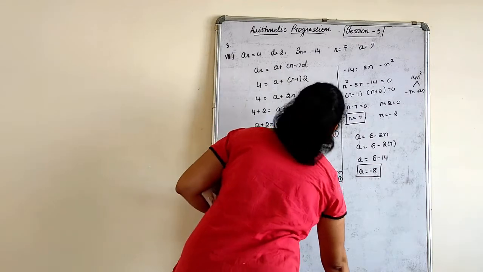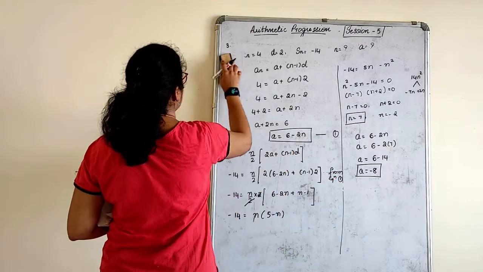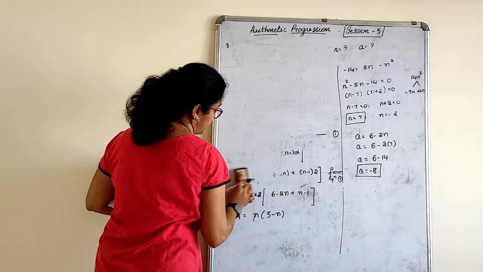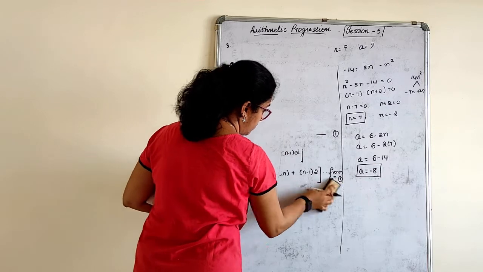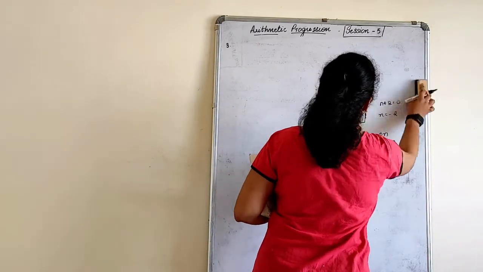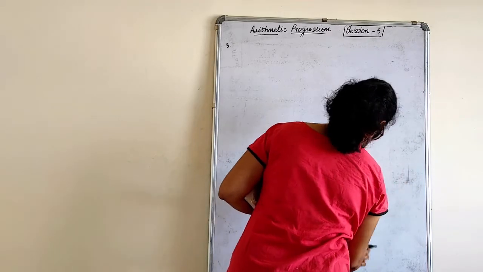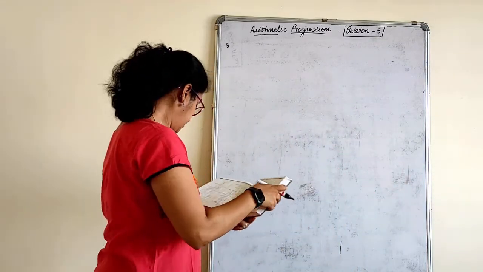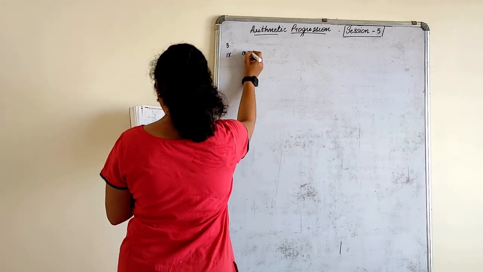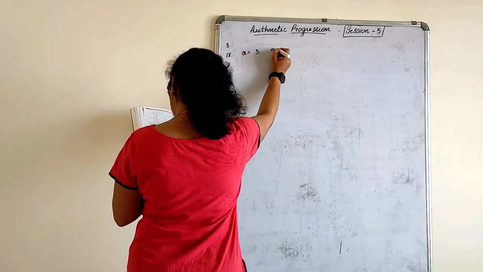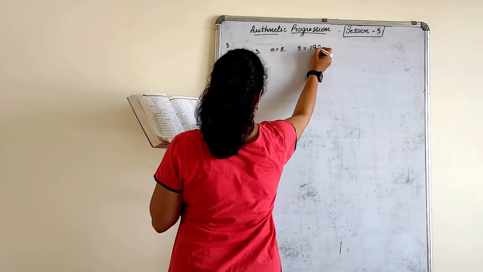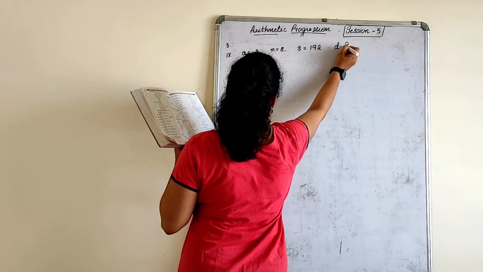Quickly, we'll move to the next one, that is the 9th one. 9 and 10, we will be completing the third main. Ninth one: given a is equal to 3, n is equal to 8, S is equal to 192, find d.